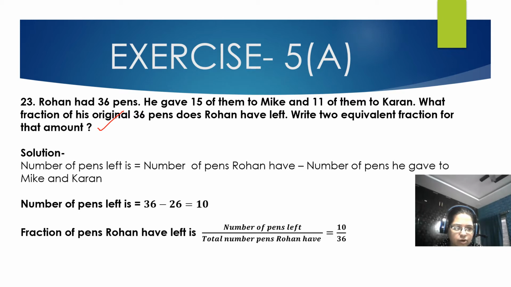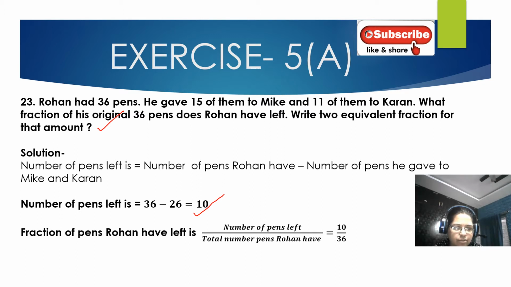So the number of pens Rohan has left is 36 minus 26. 36 minus 26 is 10. So now Rohan has 10 pens left.